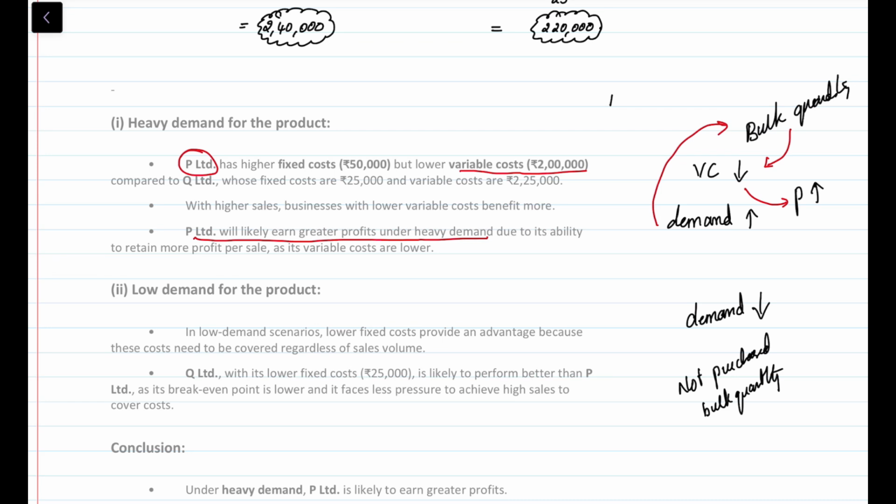When demand is low, we will not purchase in bulk quantity, and as it does not have much effect on variable cost, variable cost is going to be similar, but as our fixed cost is lower, we can earn a sustainable profit over here.